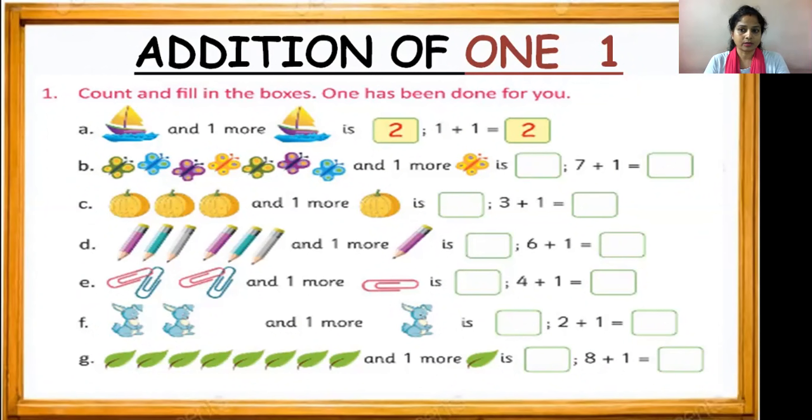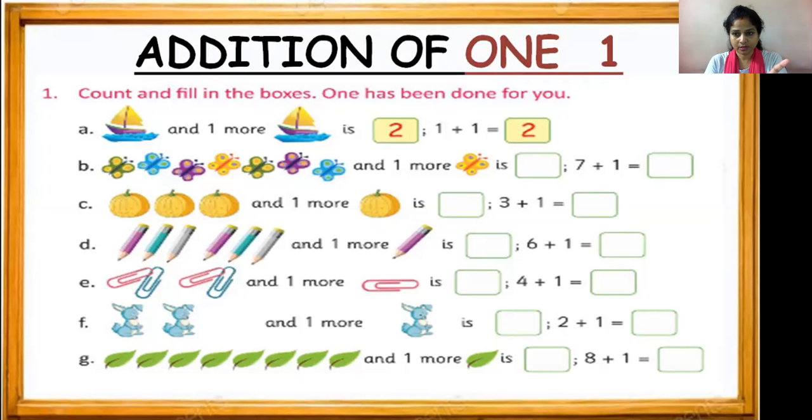So we will follow that thing, okay? So come to the A part. One boat and one more boat. See, one boat and one more boat is two. One boat, two boat. Right?